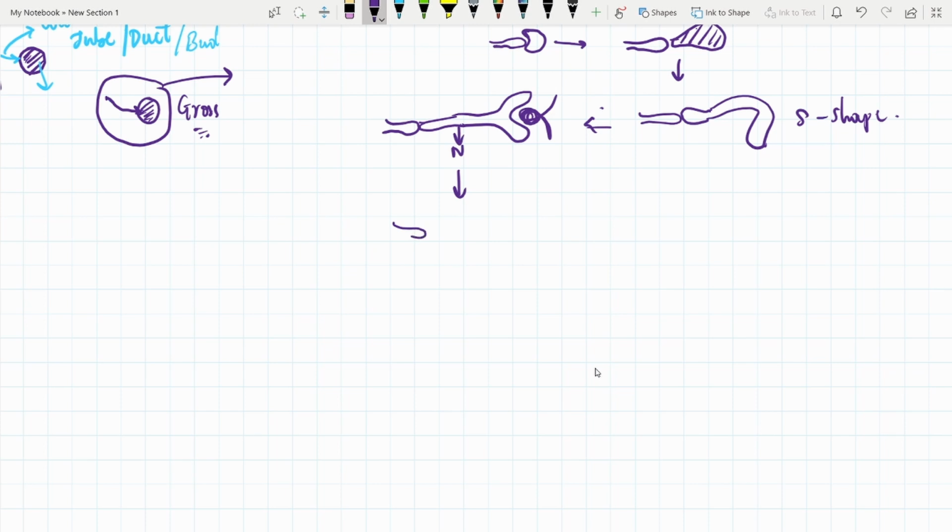This is a part of ureteric bud that is going to form collecting tubules, collecting duct, and renal pelvis, etc. I will discuss later. Presently, I am discussing development of nephron, right? So nephron forms firstly distal convoluted tubule, loop of Henle, proximal convoluted tubule, and Bowman's capsule, and finally tuft of capillaries, right?